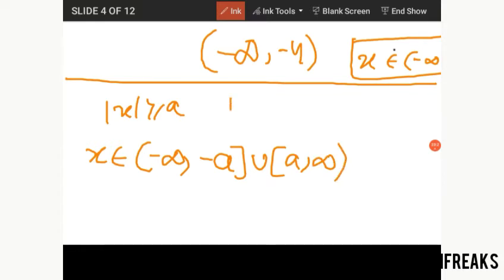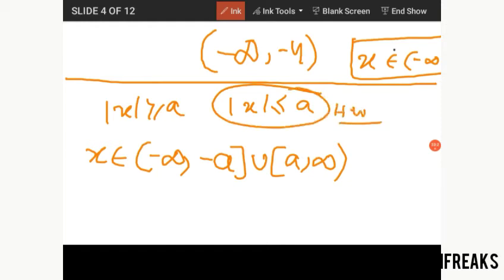And you can find for |x| less than or equal to a, you can find for this one. So this is your homework, very easy.